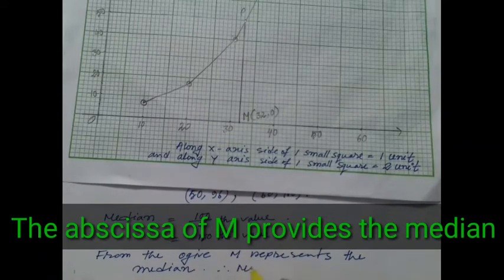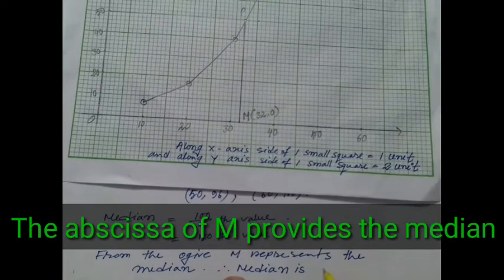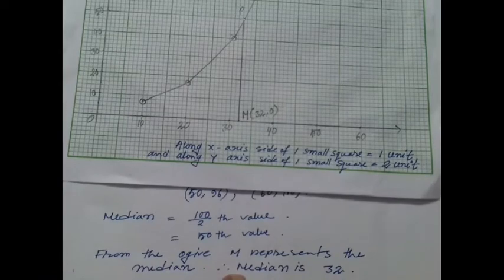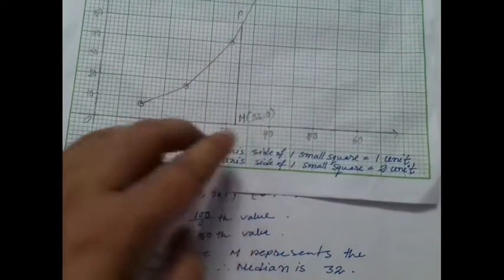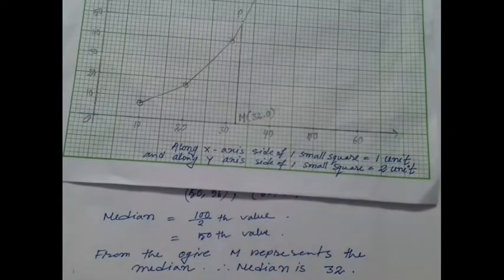Therefore, median is 32. As we have got the value for the point M as (32, 0), so median is 32.